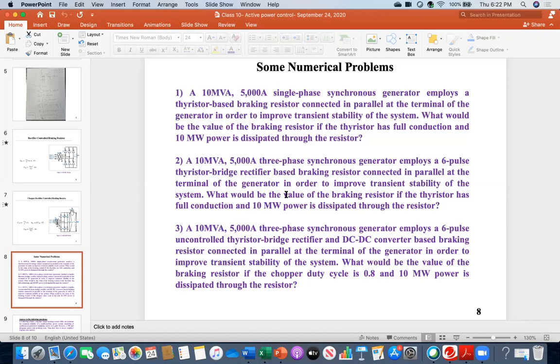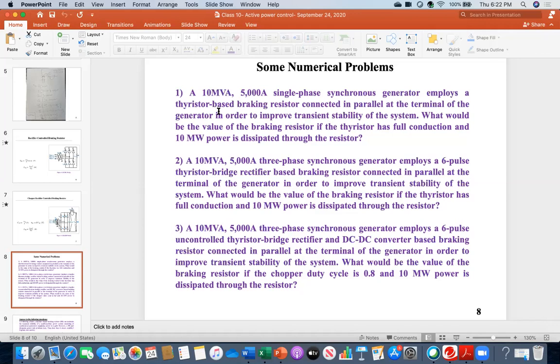Read the last problem, number 3. Three-phase synchronous, 6 pulse, uncontrolled. Uncontrolled means we have to use the last one, not this one. Therefore, the first one does not say that it is a rectifier. It does not say it is uncontrolled.